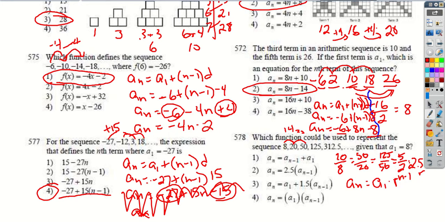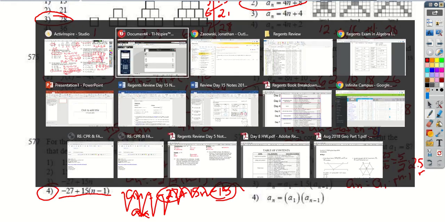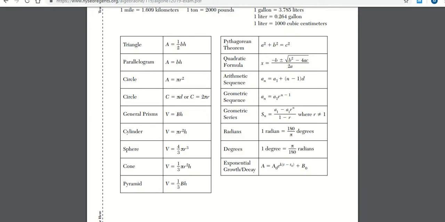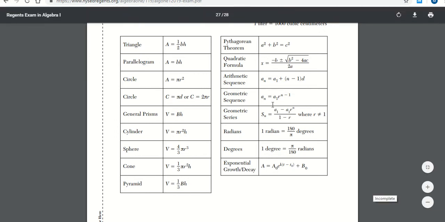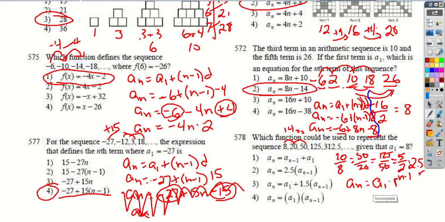When we're doing this, if you want to double check, a_n right here, that's where we're looking. So we're plugging in. a_n equals the first term.